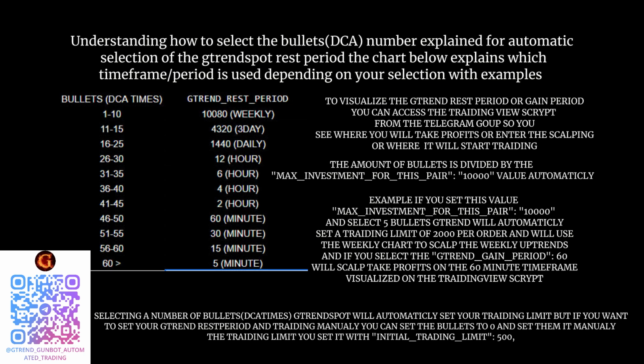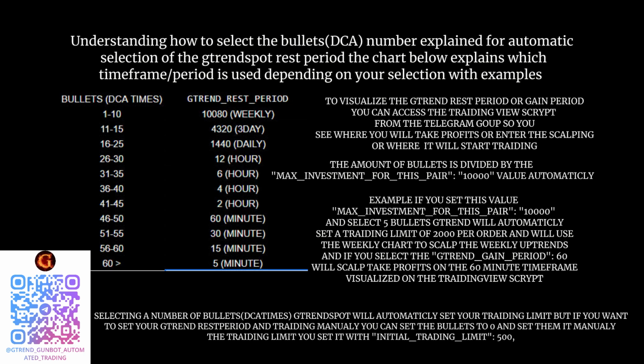So this means it will trade only when the market is moving up. For example, you can visualize it on the weekly. If you choose 5 bullets, you can go to Trading View, the script for Gtrend, and you will be able to see where the entry will happen and when it will scalp the entire uptrend.